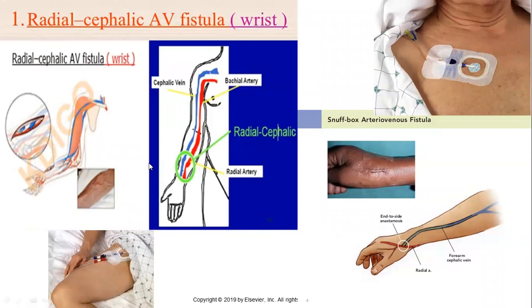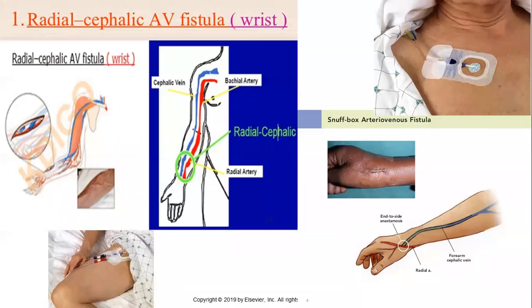You can see the radial cephalic AV fistula. This fistula we usually make at the wrist joint, between the radial artery and the cephalic vein. This is called a fistula or shunt.